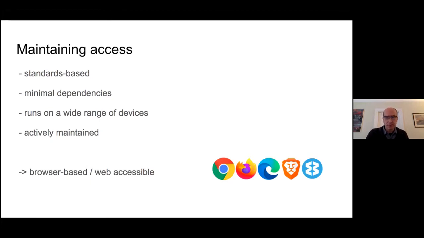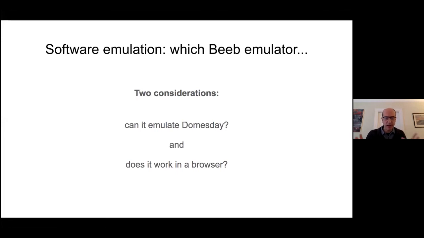So my talk is about, really, okay, we've got something to do with Domesday we want to keep. We want to use the web as a method of preserving, emulating and delivering access to that. So the question I asked was, what's the best approach here? And I was looking at different BeebEm emulators and really had two questions in my mind.